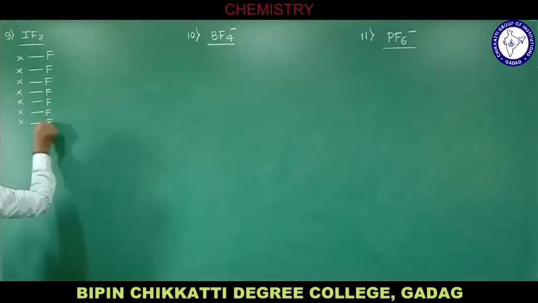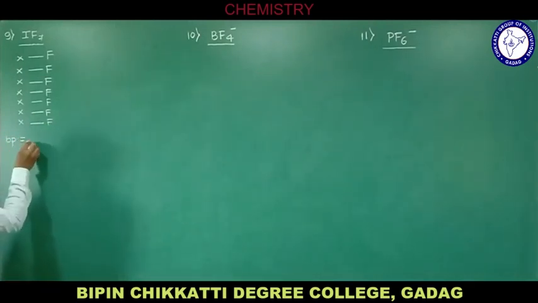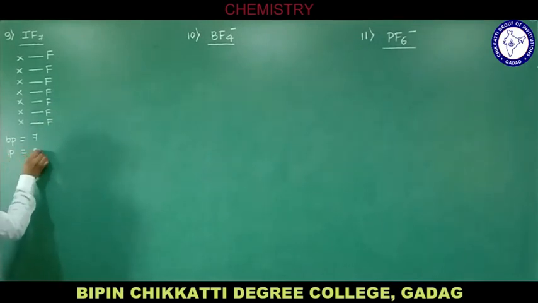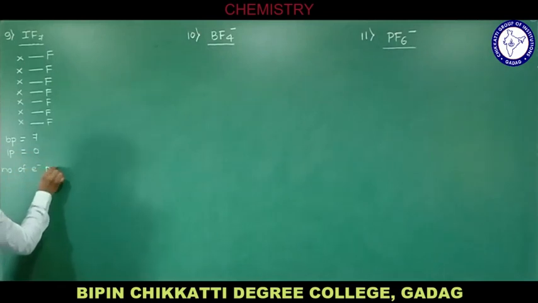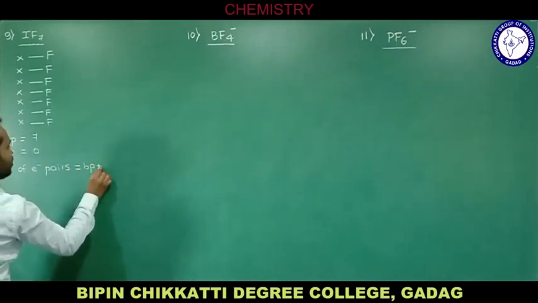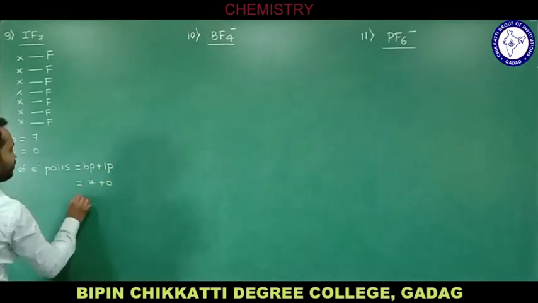So no electrons left. From this I can say the number of bond pairs will be 7 and the number of lone pairs will be 0. The number of electron pairs in IF7 is equal to the sum of bond pairs plus lone pairs, and the answer will be 7.